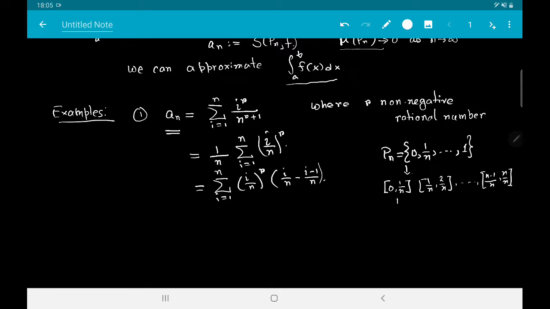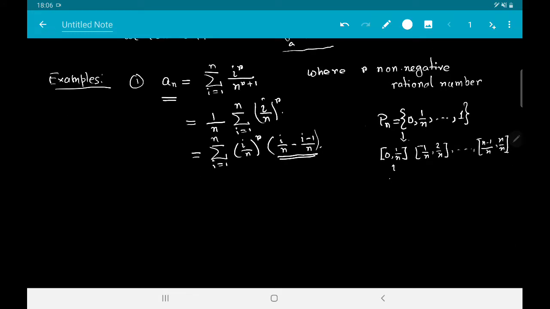So what is the length of these subintervals? The lengths are fixed. It is given by this, which is actually the length of the i-th subinterval, and we can now associate this with a Riemann sum in the following way.